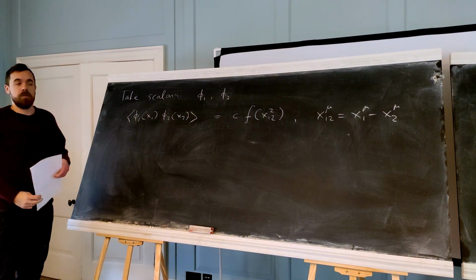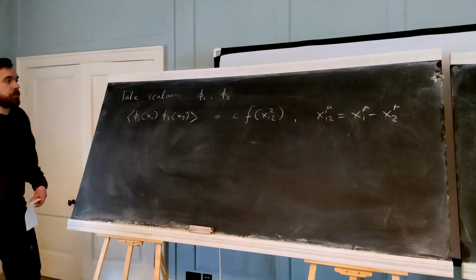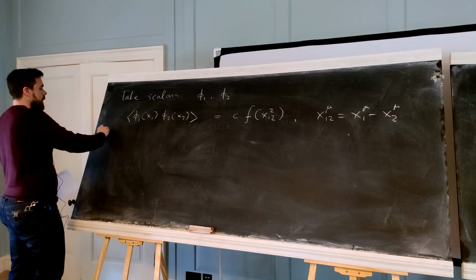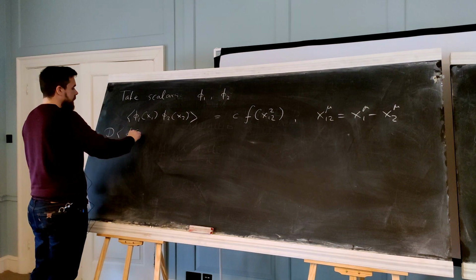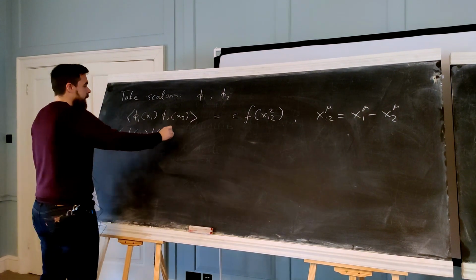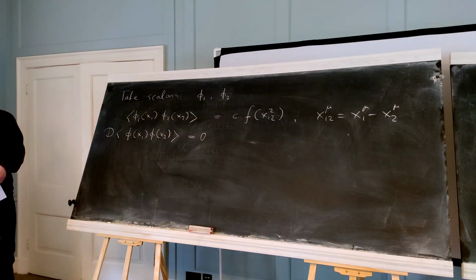Now you want to ask, okay, I have two more, I have D and K mu. What do those do? In order to sort that out, we're going to use the same equations. The correlation function must be invariant under the action of dilatations.